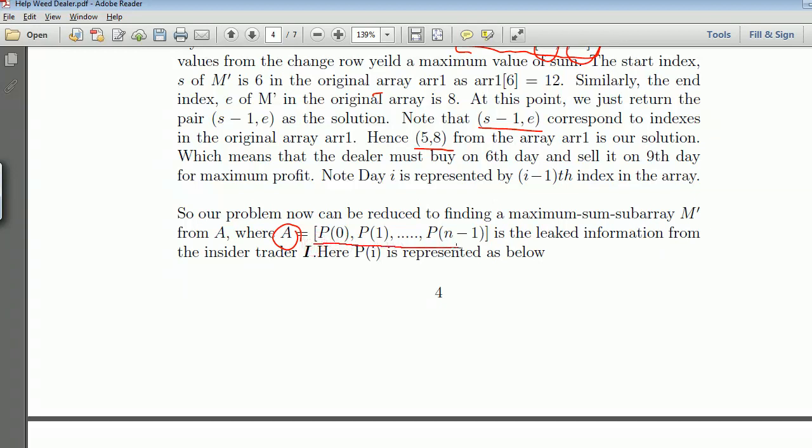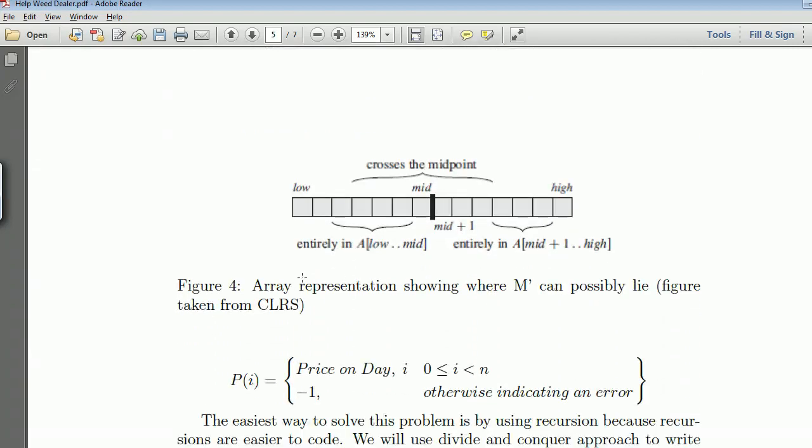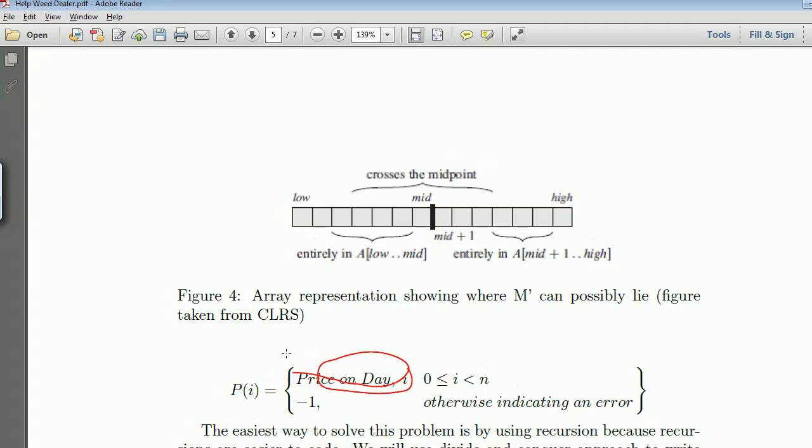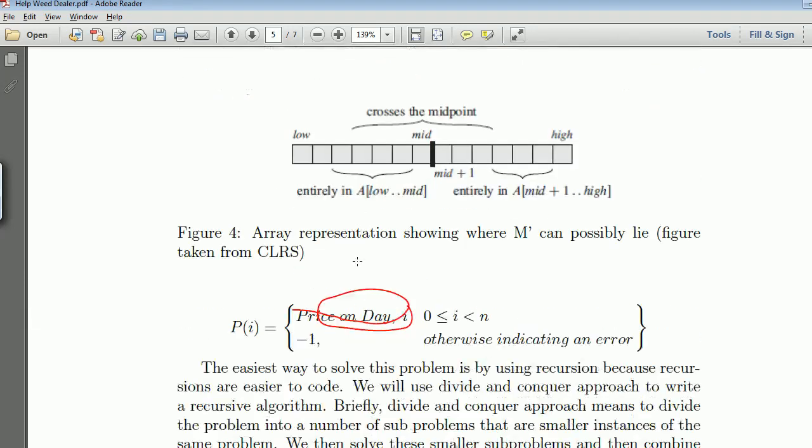I am denoting them as p of 0, p of 1, and so on, p of n minus 1, where p of I is equal to the price on day I. Okay, so this p of 0 is nothing but the price on day 0, p of 1 is nothing but the price on day 1, and so on.